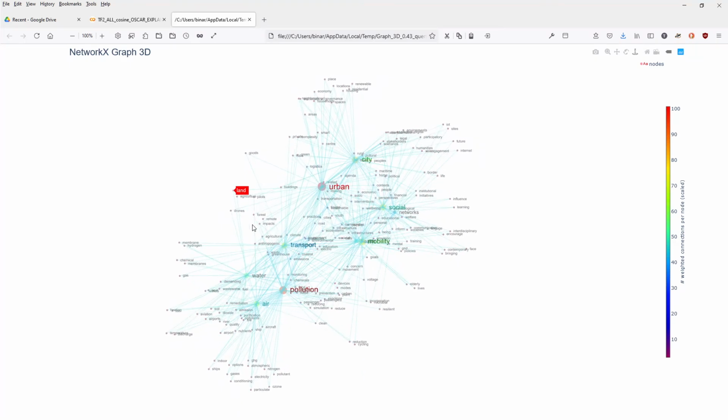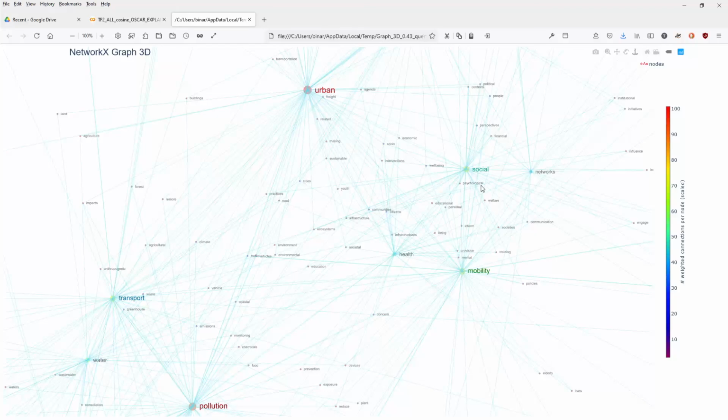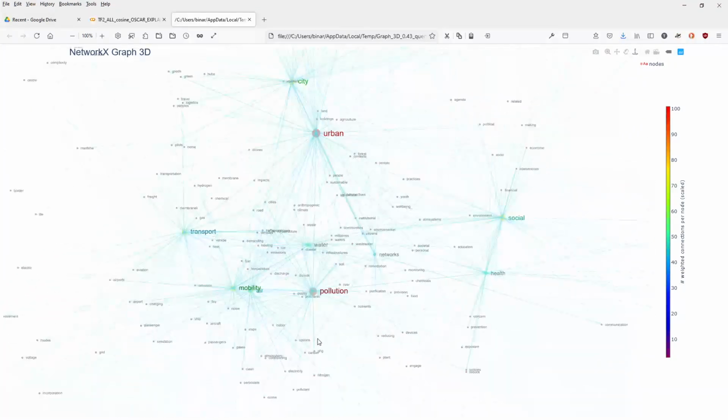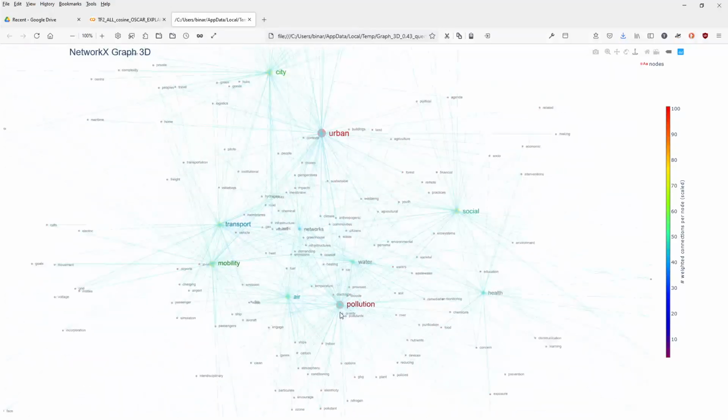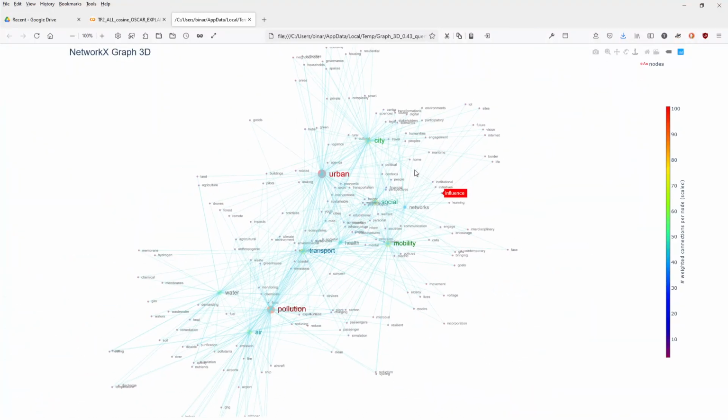Now you could cut back on the number of edges so that it becomes a little bit clearer what we are looking at, but I think you get the idea. You can now visually see all the interlinks between the topics that are of interest for you, for example, mobility, urban and city. How does it respond?